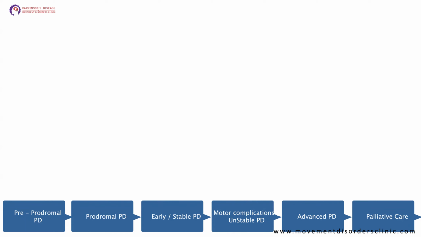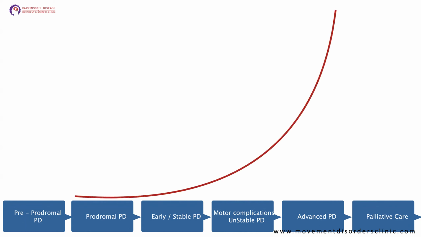Then we have the prodromal Parkinson disease. Prodromal Parkinson disease is a phase where people can have certain symptoms which may or may not be associated with classical Parkinson disease. But down the line, we know that they were part of classical Parkinson, such as loss of smell, sleep-related issues, vivid dreams, talking or shouting in the sleep, or constipation, gut-related issues.